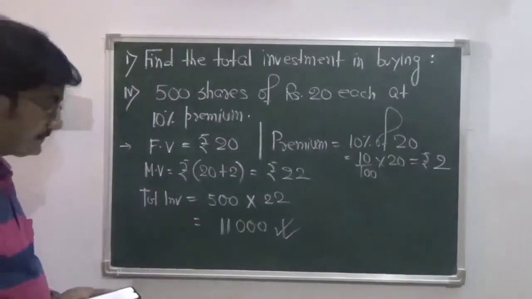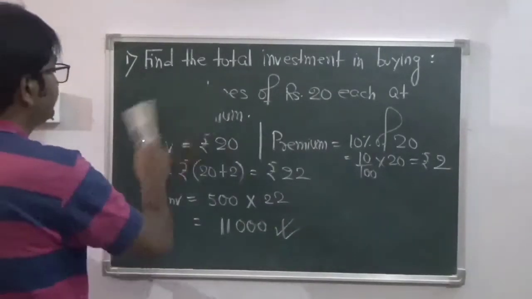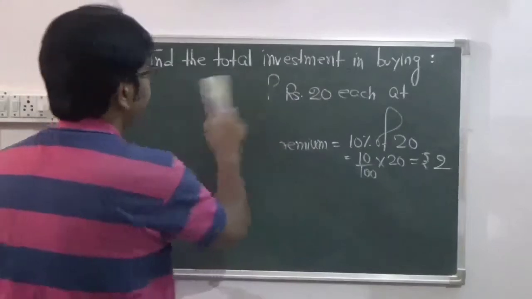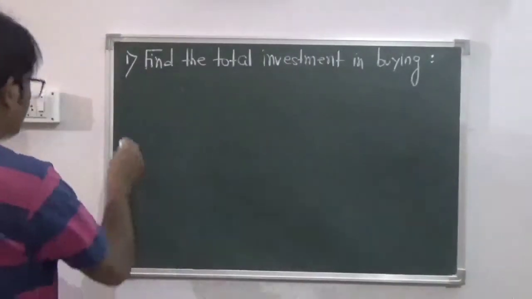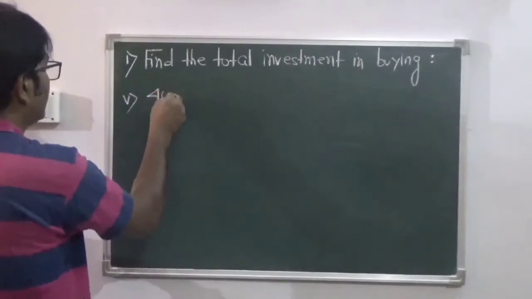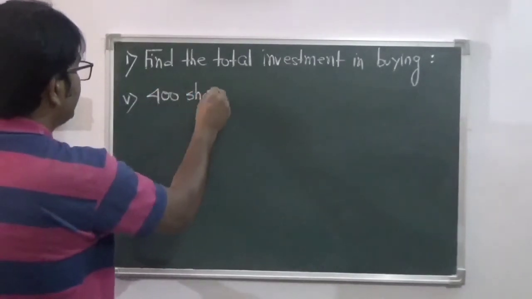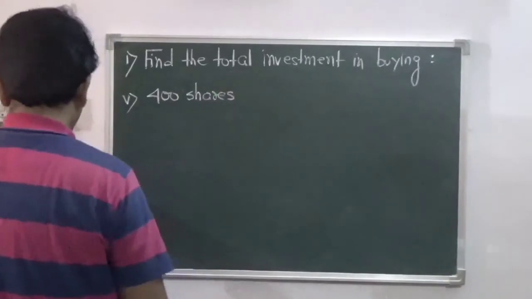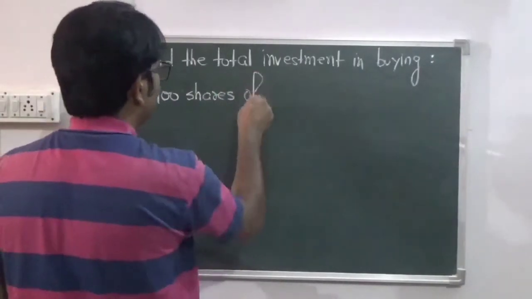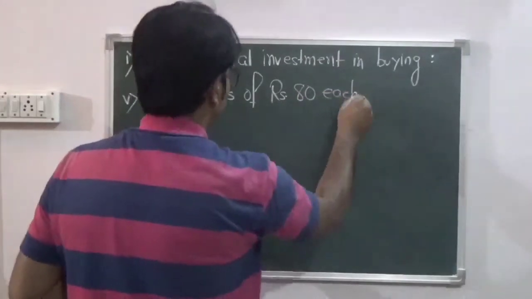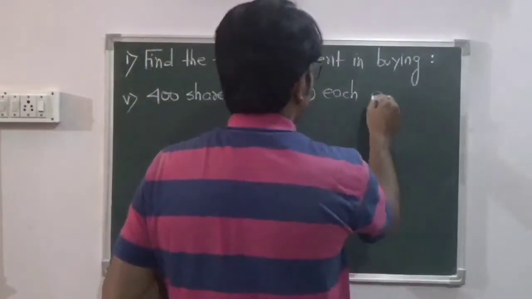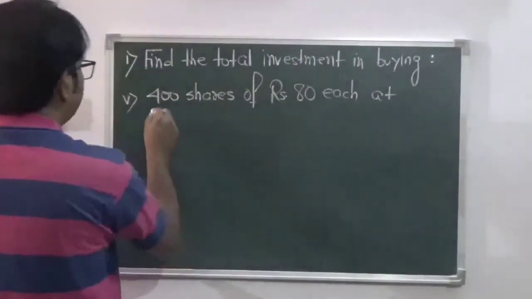Now the next one is number 5, 400 shares of rupees 80 each at 10% discount.